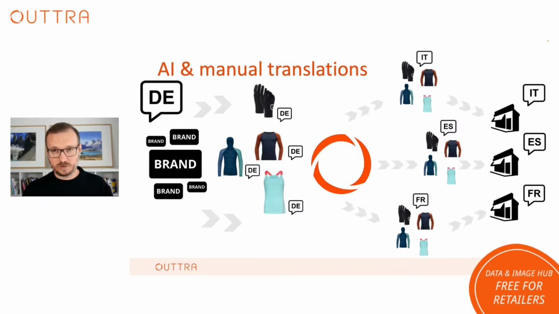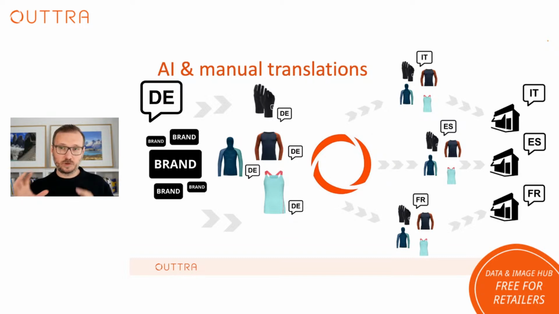And the third possibility is a manual translation via a translation agency which works with us. So we can do a good translation into the special language, and everything stays in the OUTTRA system. That means you don't have any additional processes, so everything is within our OUTTRA system, and you can deliver the best product descriptions and content to your retailers internationally.